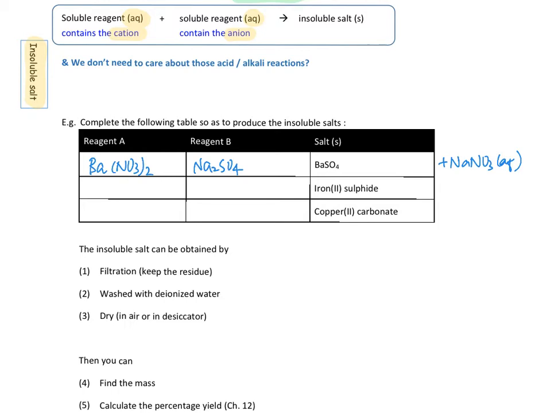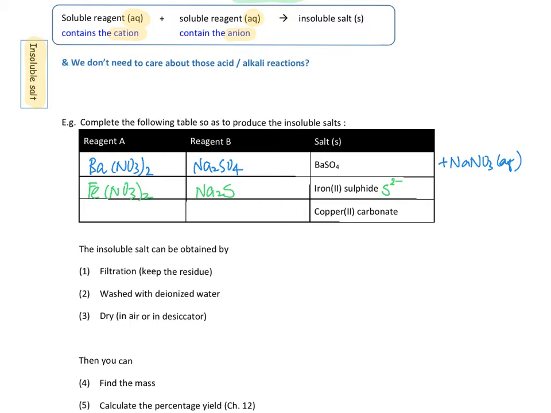There is another way to make iron(II) sulfide from solution. For the reagent that contains iron(II), very easy, we can use iron(II) nitrate. And how about the sulfide? In this compound, sulfide is S2-. All group 1 compounds are soluble, so we can use sodium sulfide.